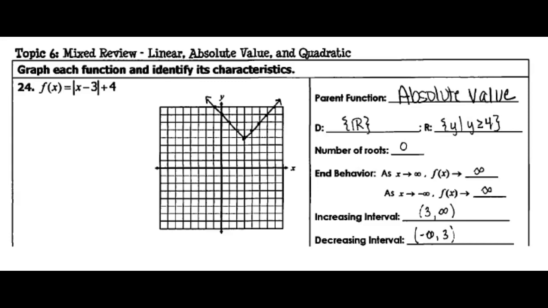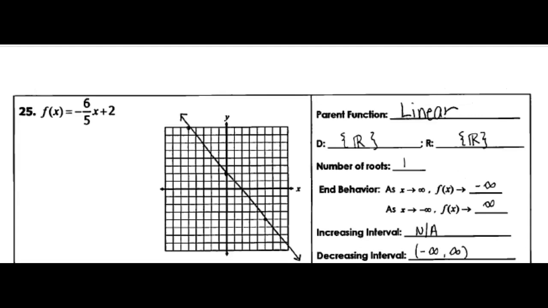If I give you a function, if it's absolute value, I want you to tell me the vertex and be able to state the domain and range in interval notation. That's it. If it's a linear function, you're just going to be able to graph the function, and that is all. Be able to state the domain and range, of course.